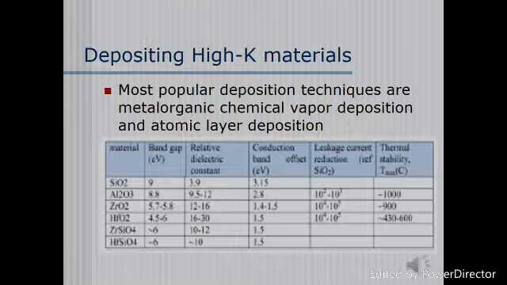The most popular deposition techniques are metal organic chemical vapor deposition and atomic layer deposition, which can create widely known dielectrics such as aluminum oxide, zirconium dioxide, hafnium oxide, zirconium silicate, and hafnium silicate.